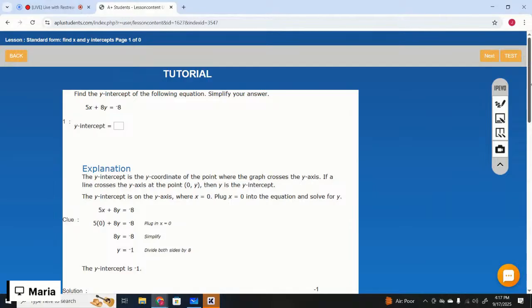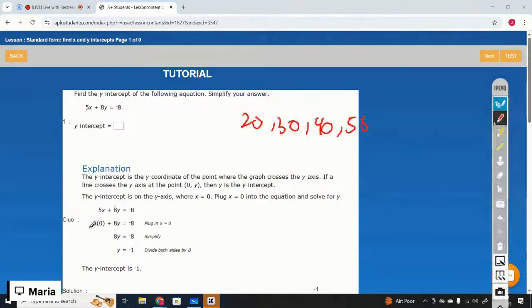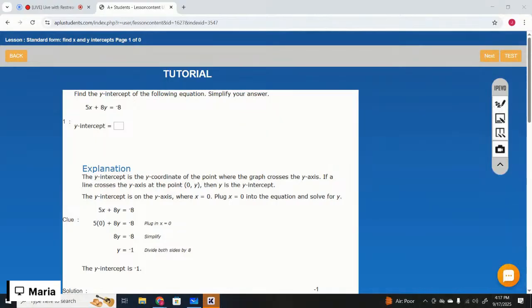So for the y intercept, we have to put x equals 0 in the equation. So let's just replace the x with 0 in the given equation. So that is 5 times 0 plus 8y equals negative 8, right? So 5 times 0 is 0. 8y equals negative 8. So y equals negative 1. The y-intercept is minus 1.